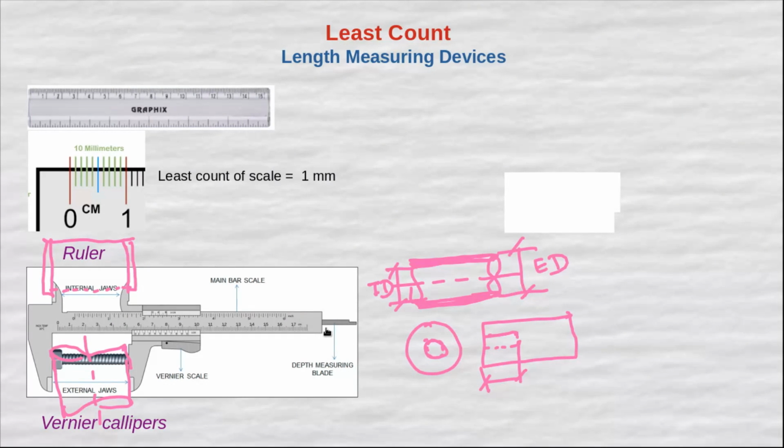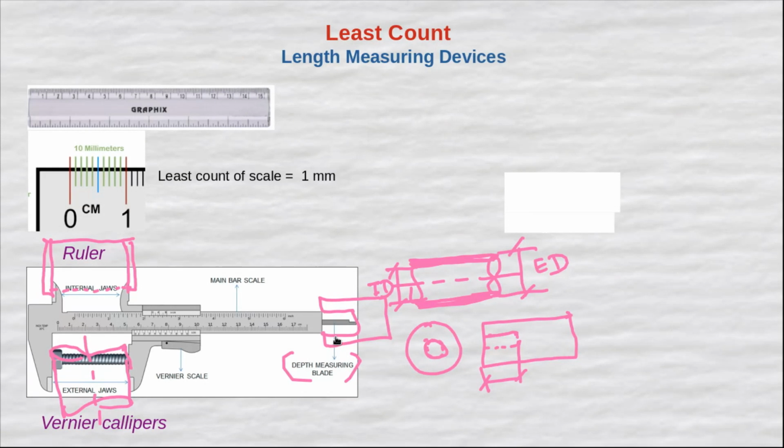For that, you put the cylinder here like this. This is the depth of that hole, and you can measure this depth by using the depth measuring blade. So three types of measurement you can do by using this vernier calipers.